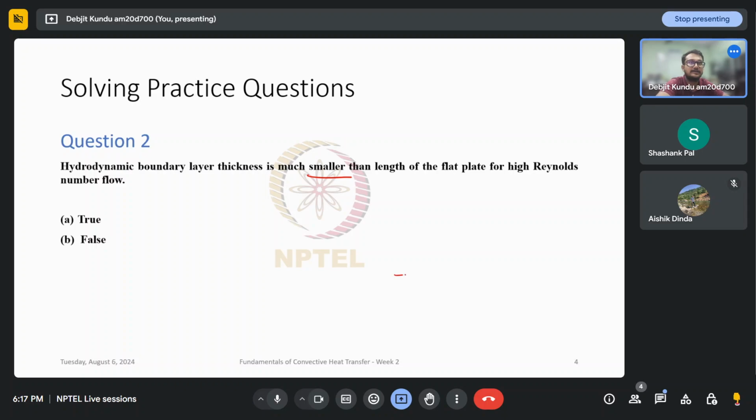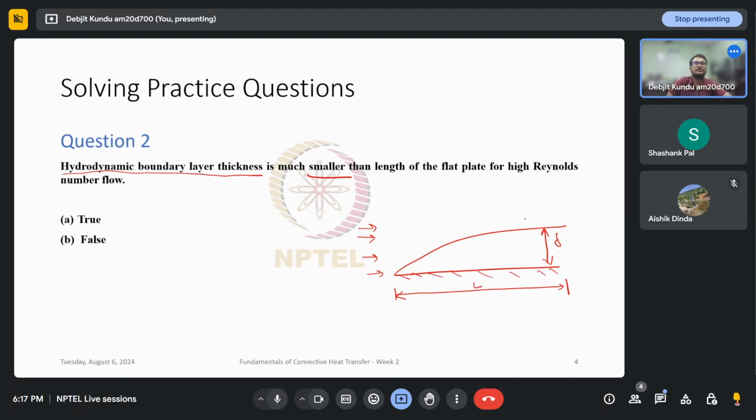So basically, if I have a flat plate like this and a flow meeting that flat plate, and some boundary layer getting formed, the statement is asking whether the hydrodynamic boundary layer thickness, or delta, is smaller or larger than the length of the flat plate, which is L, for a high Reynolds number flow where Reynolds number is much greater than 1. Is the statement true or is it false?